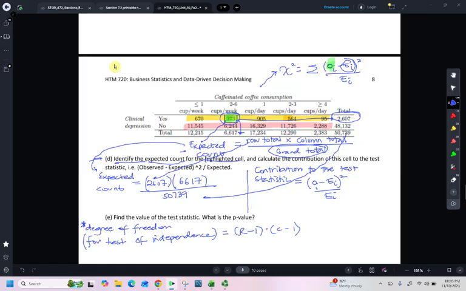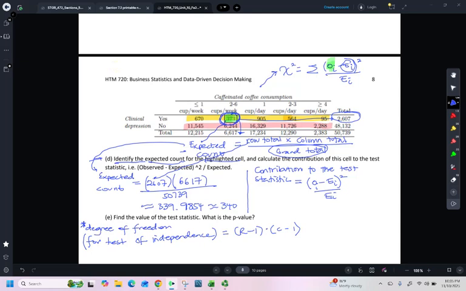So that will give us approximately 339.9854. So this will go to approximately 340-ish. Well, that was the expected count for 373.